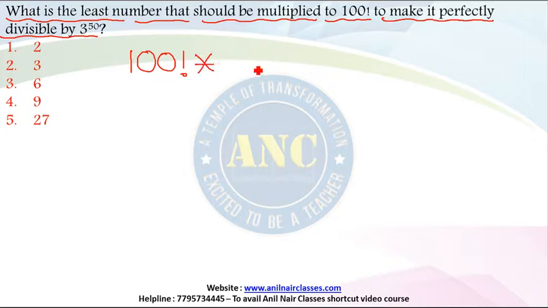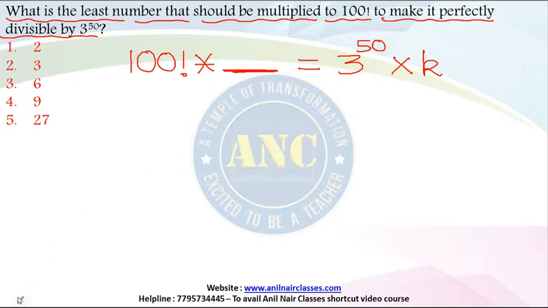This 100 factorial I should multiply with some least number, such that this number is divisible by 3 power 50, or in other words, it should be a multiple of 3 power 50. That the number is perfectly divisible by 3 power 50 can also be said as that number is a multiple of 3 power 50. Both are the same language, sir.